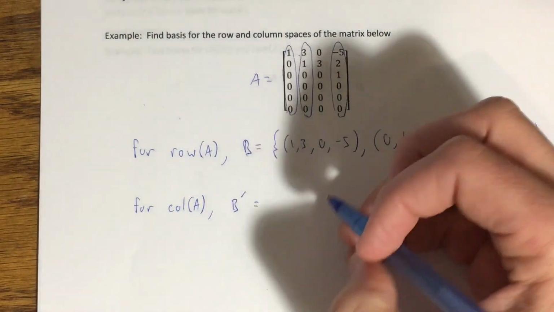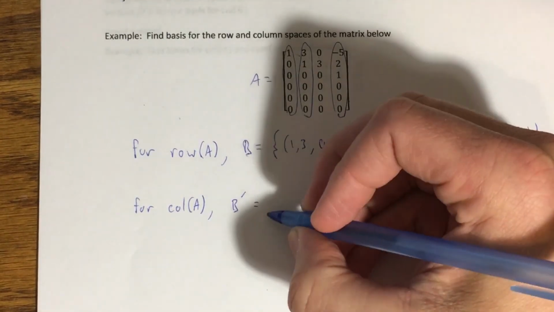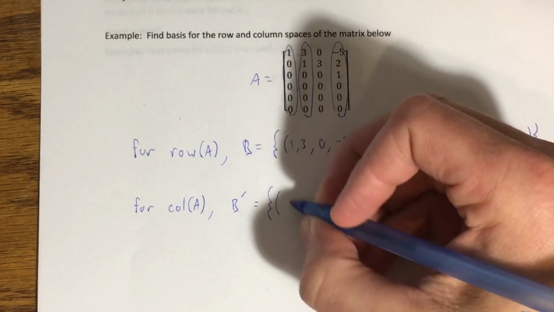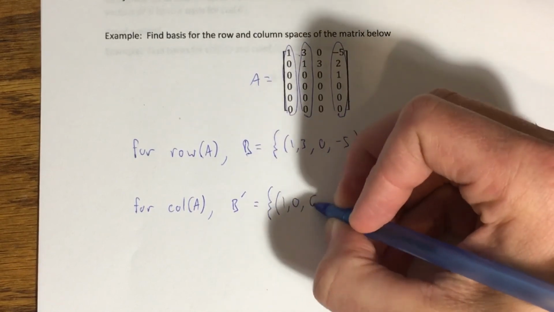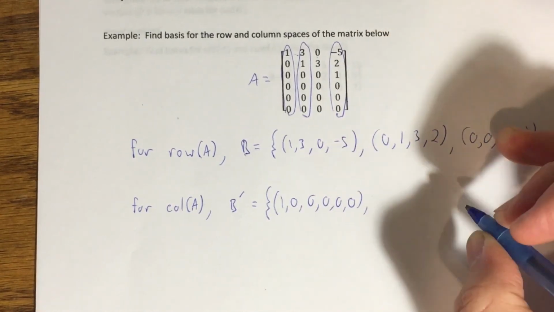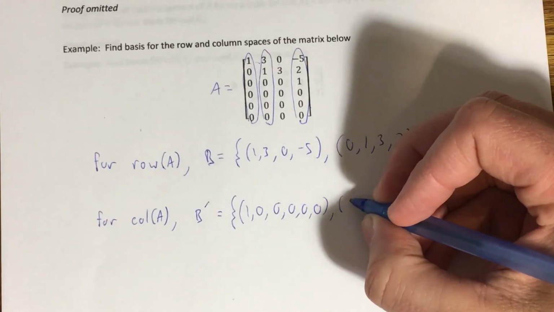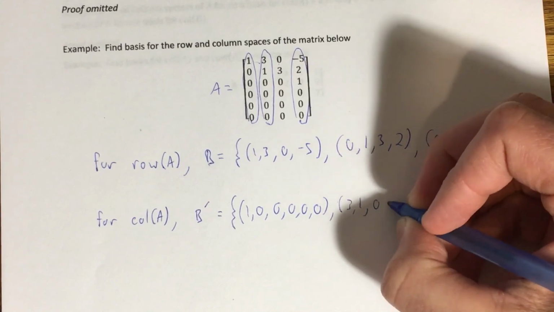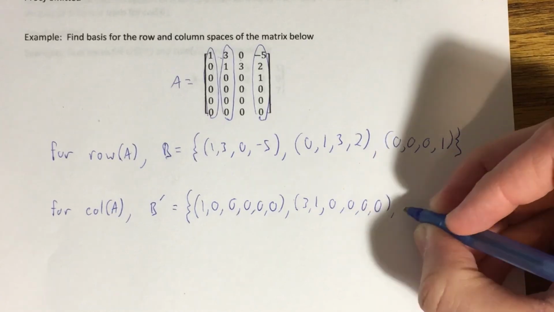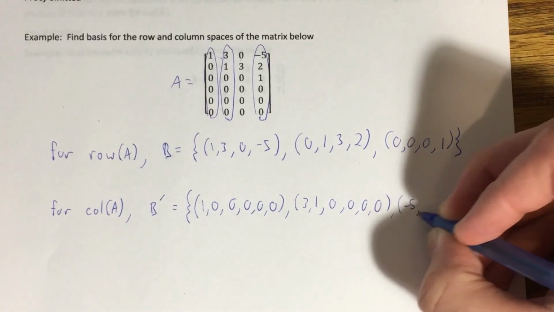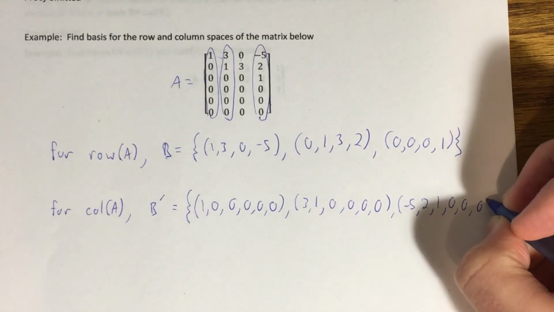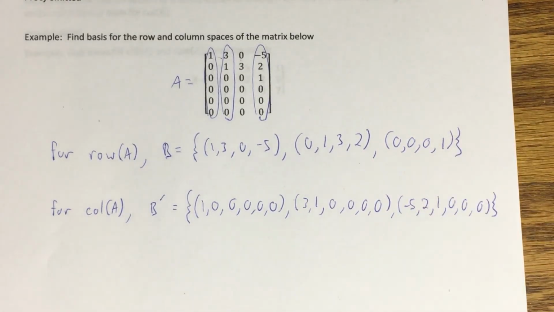Okay, so these are all vectors in R6. So this has 1, 0, 0, 0, 0, 0 as one of its vectors, 3, 1, 0, 0, 0, 0, and then finally negative 5, 2, 1, 0, 0, 0.